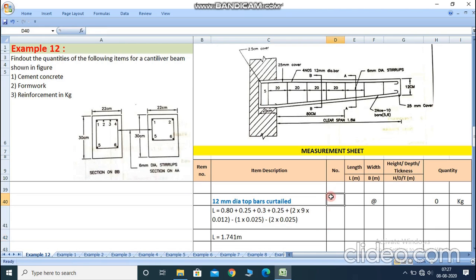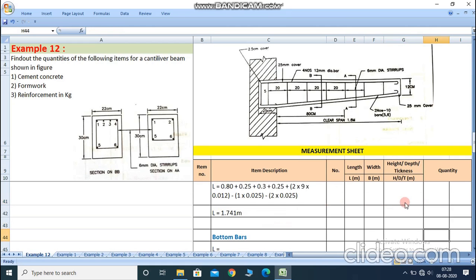So here 2 bars are provided, so right here 2, length of the bar is 1.741, and for a 12 mm diameter bar, d square divided by 160 gives the per meter length weight. So here we take the weight as 0.89 kg per meter. So we got the answer 3.099. It's the multiplication of 2 multiplied by 1.74 multiplied by 0.89. So its answer is 3.099 kg.